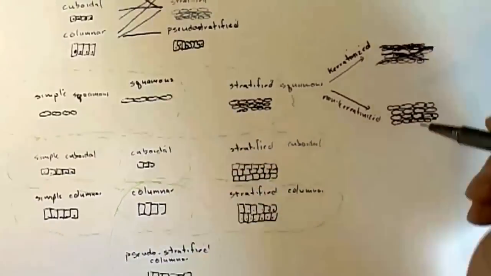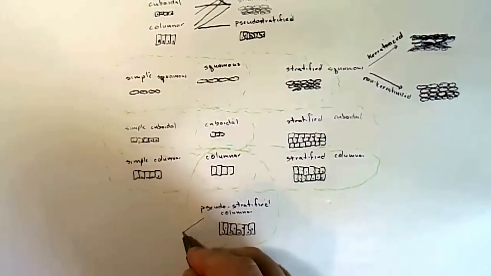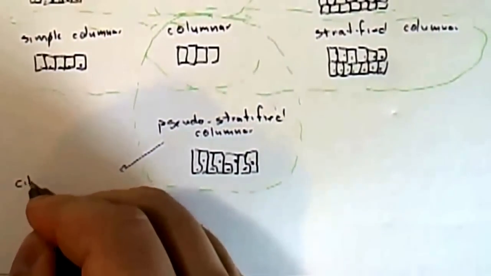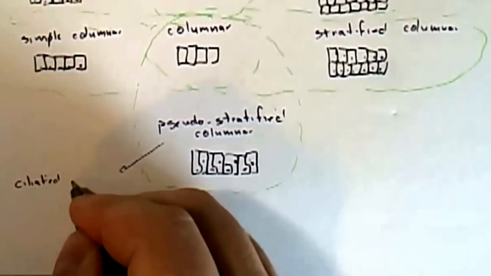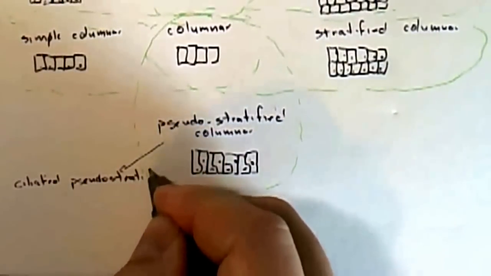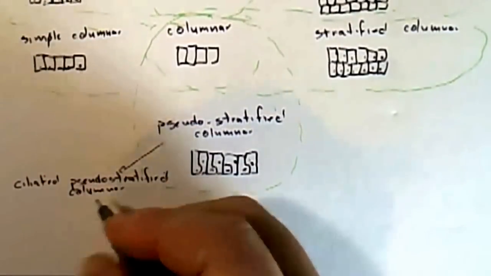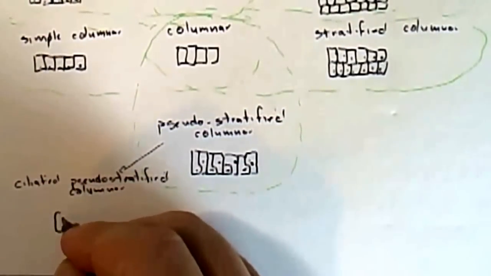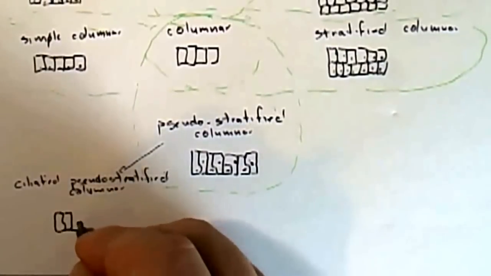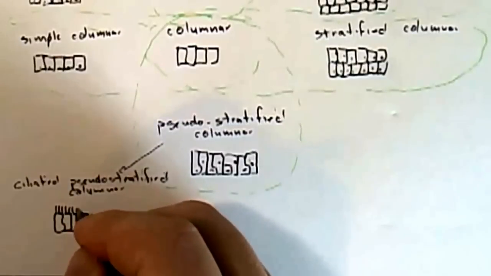stratified squamous cell. Another complexity here is we can have ciliated pseudo-stratified columnar. And so we have cilia on it.